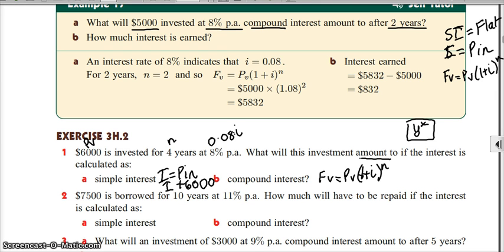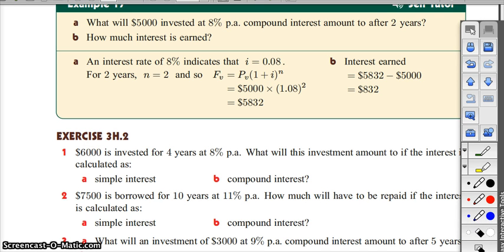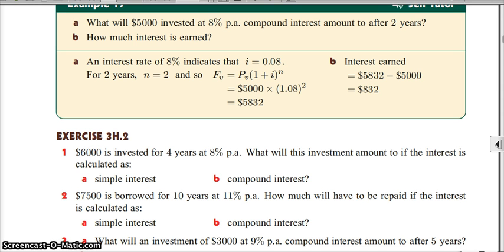Go through that once more. Which one? This question? On how we found them, or how we would do it on our calculator? How do you put y to the power of x into the calculator? You just press that button, then you put whatever number and then put the 4 after.